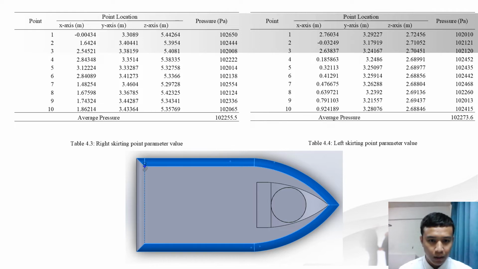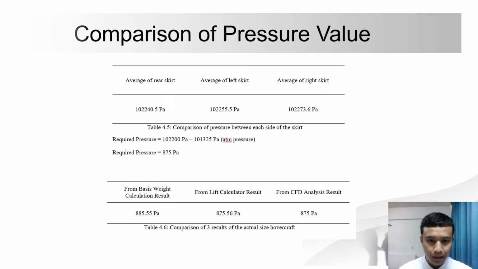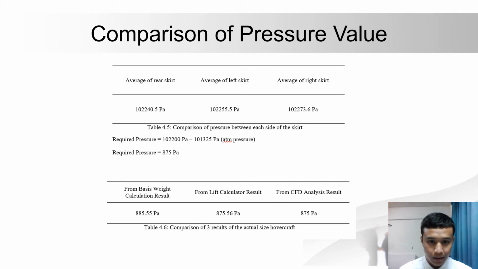Okay, this average pressure, we have to subtract the atmospheric pressure, P ATM, here, so we get the required pressure, which is 875 PA, as you can see here.